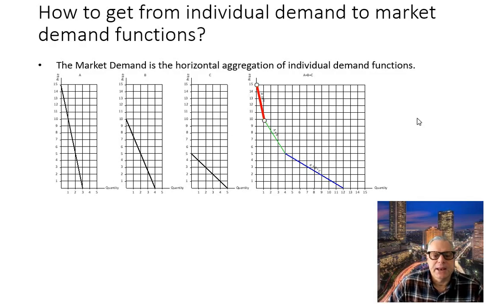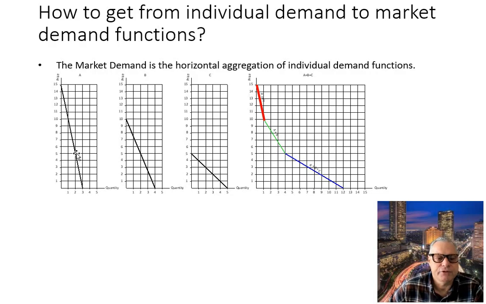Okay, but now when it comes to a price of 10 and less, between the price of 10 and 5, both A and B demand. So if we want to aggregate horizontally, we just look at the price of 5.